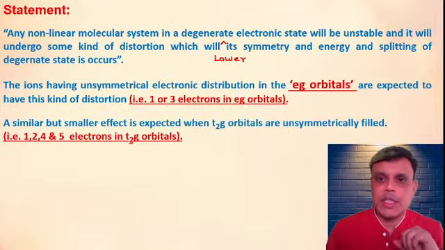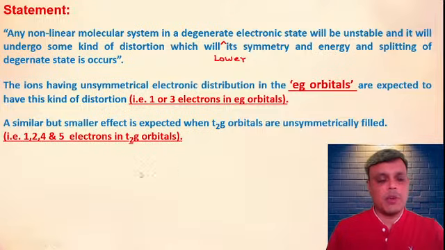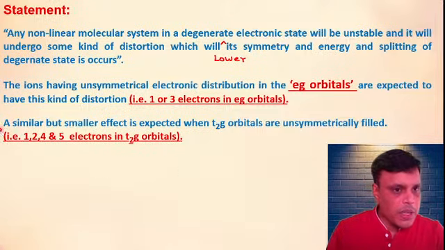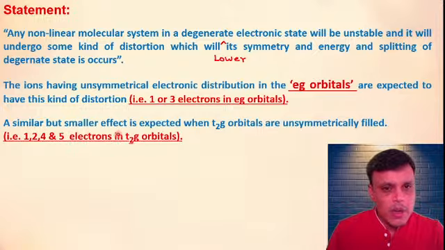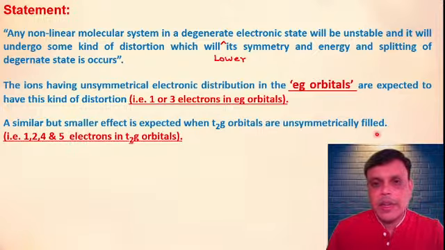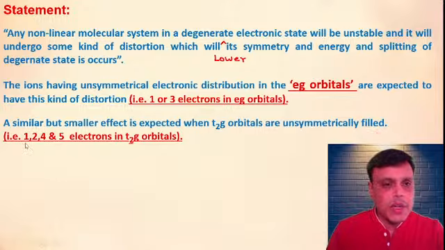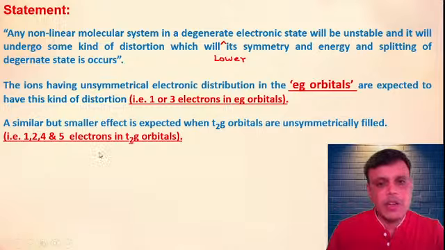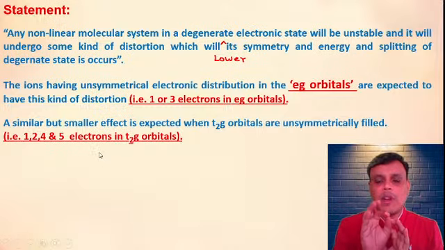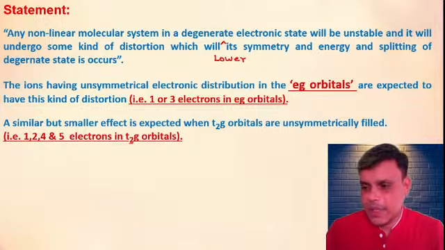That means when the T2g orbital contains 1, 2, 4 or 5 electrons, then a smaller Jahn-Teller distortion will take place.